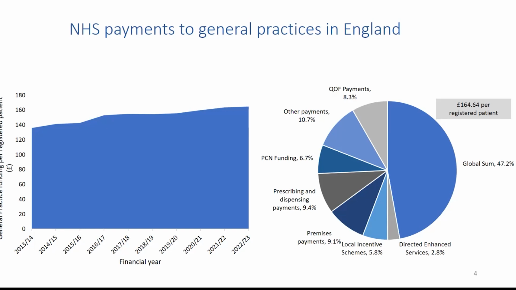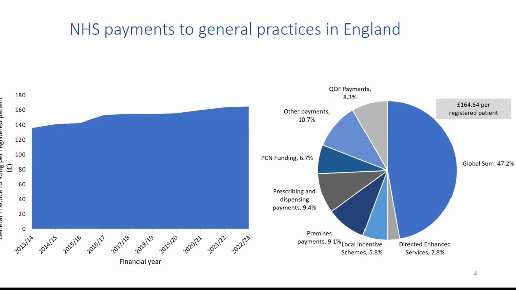So having what's called additional roles, things like pharmacists, physiotherapists, physician associates, some of that funding comes from the PCN. We have prescribing and dispensing payments. We then have premises payments. So for example, if you need your practice refurbished, there are some payments that can help with that. Historically, there also used to be payments that helped with things like interest rate payments for mortgages.